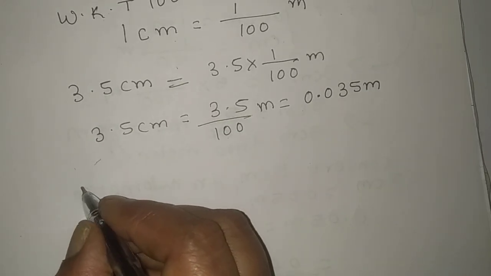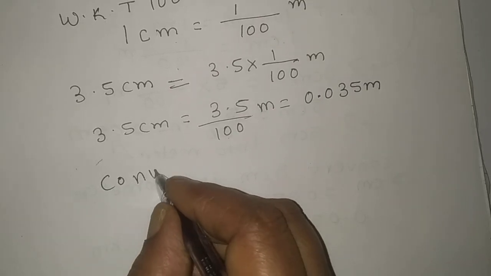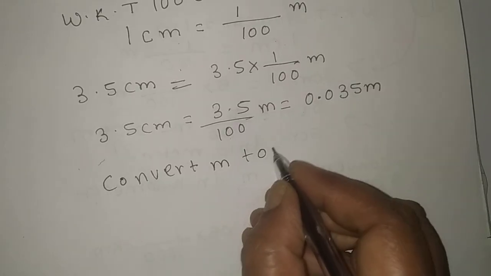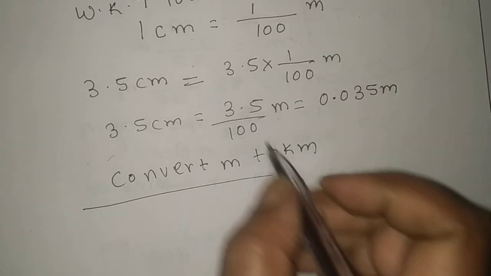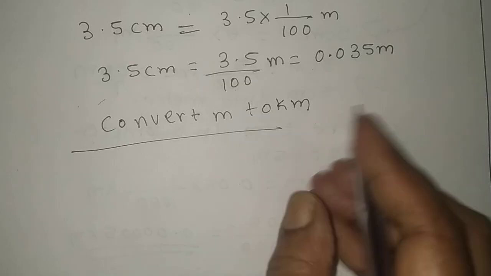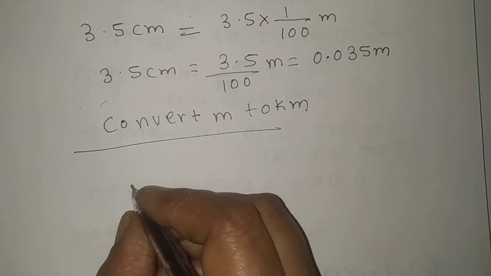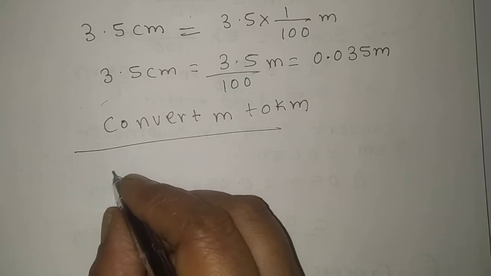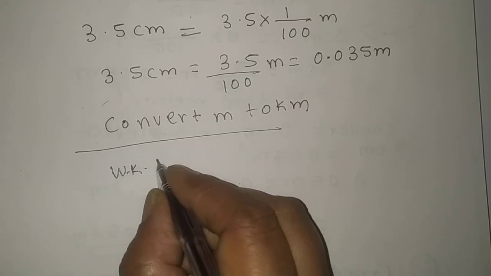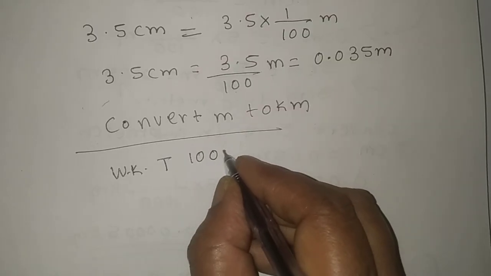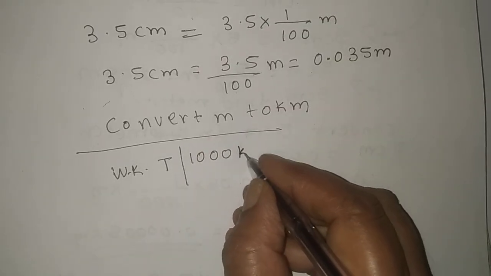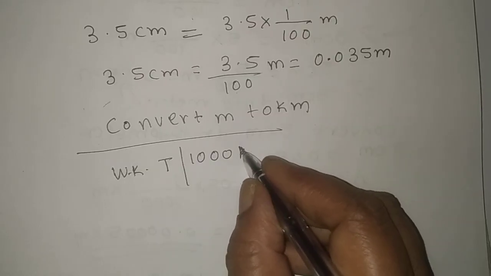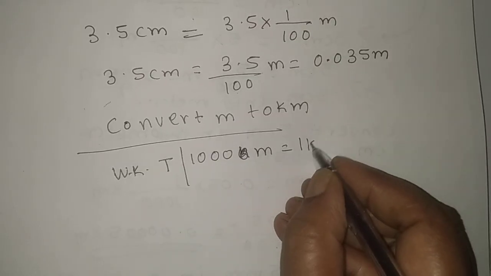Now convert meter to kilometer. We know that 1000 meters is equal to 1 kilometer.